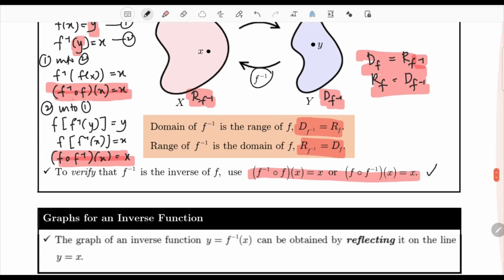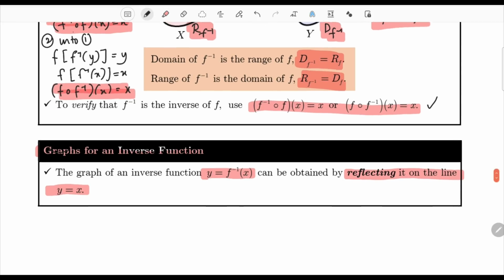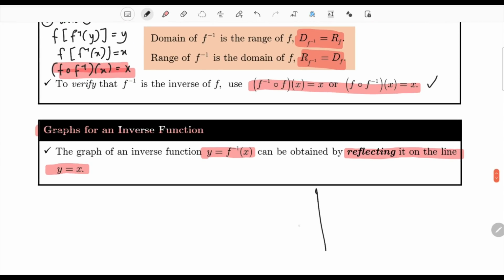Next, graph of an inverse function. The graph of an inverse function, y equals f inverse of x, can be obtained by reflecting it on the line y equal to x. Let's say this is the axis, x and y.